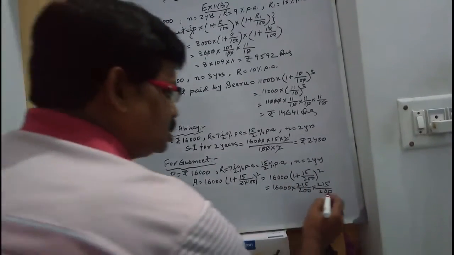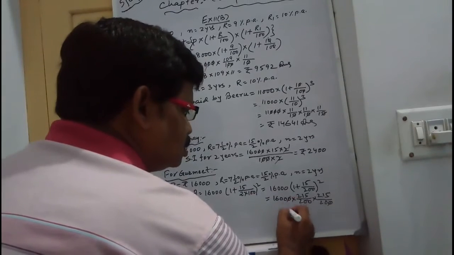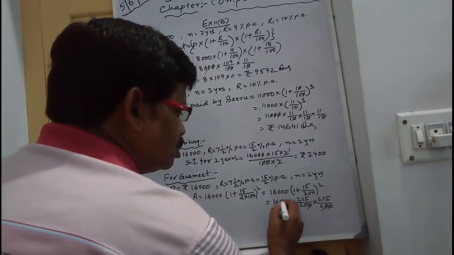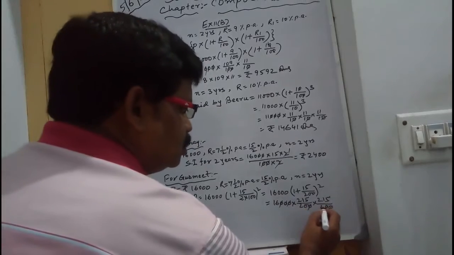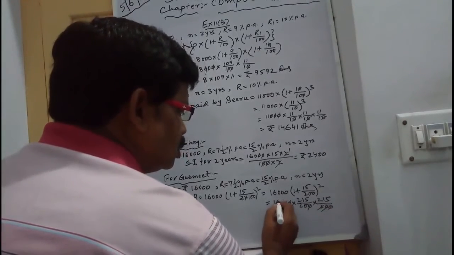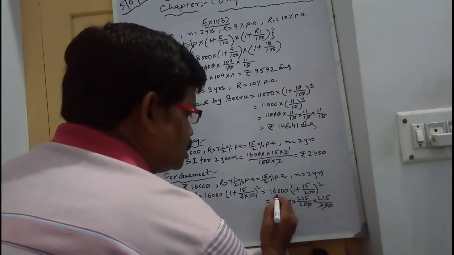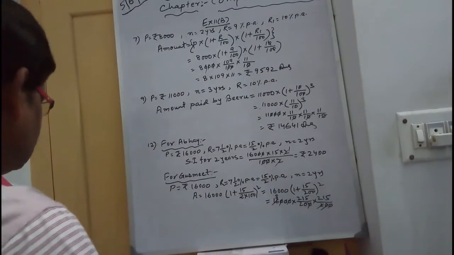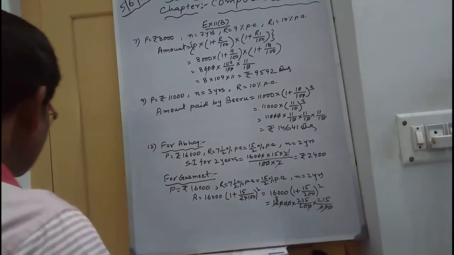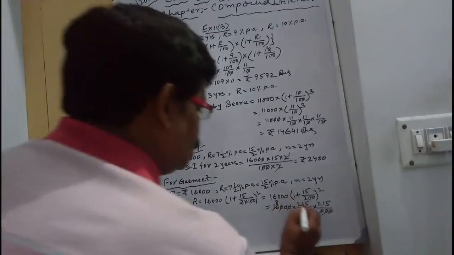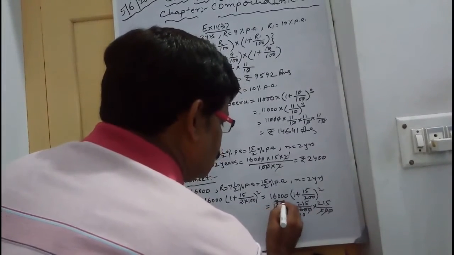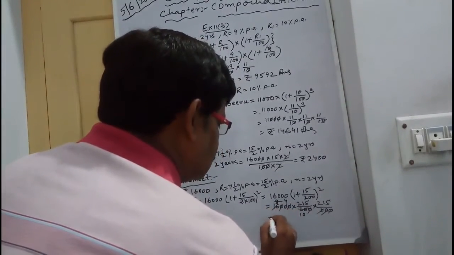Now reduce it. 0 0, 0 0, 2, 16. Now 2 10s are 20, 2 4s are 8.